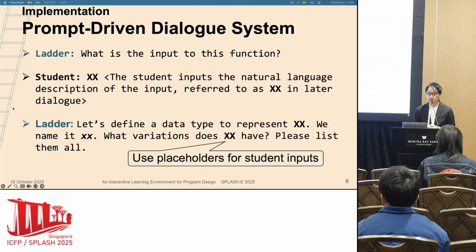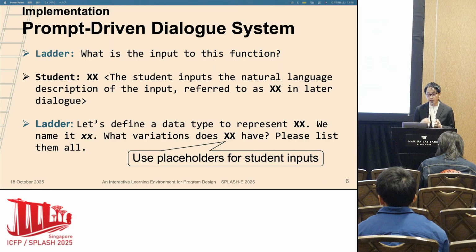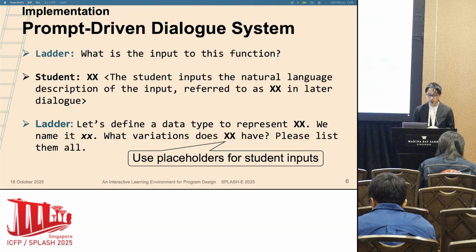Since the student input is unknown at this point, we use placeholders like XX. And in later turns, Ladder can reuse XX in its questions, like let's define a data type to represent XX. All of these system prompts were actually written in Japanese.